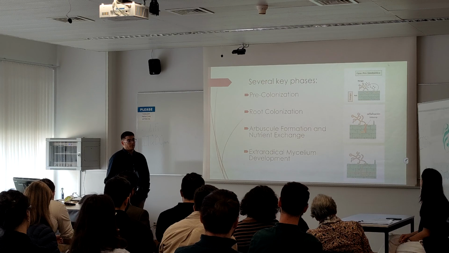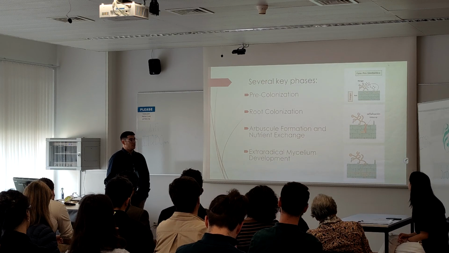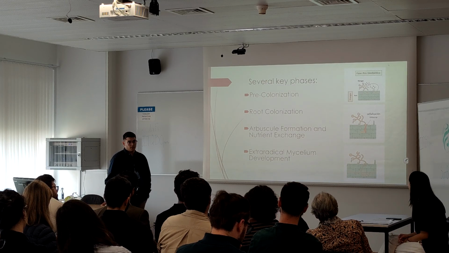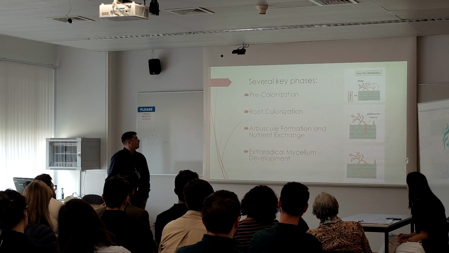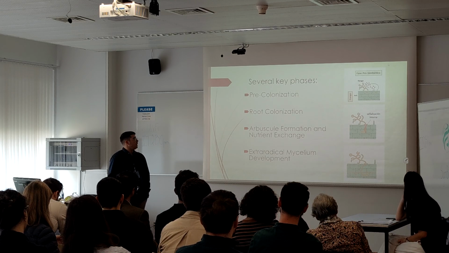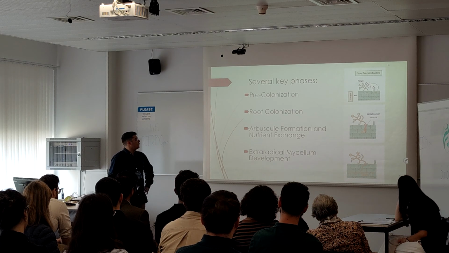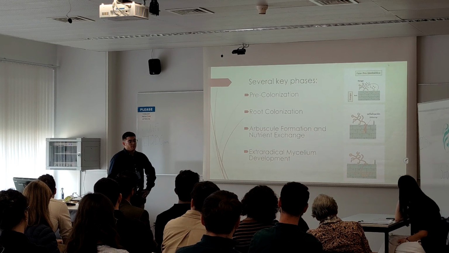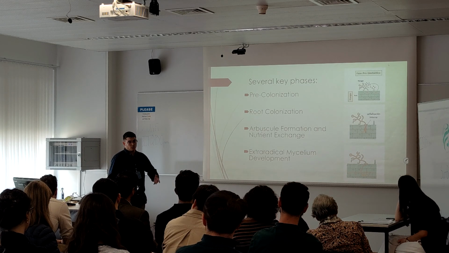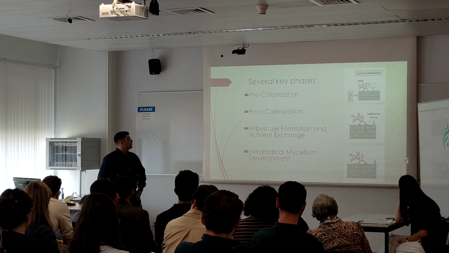After that, the second phase is root colonization, when contact is established. Then the third phase is arbuscule formation, when the fungi enter the root cell and nutrient exchange happens.